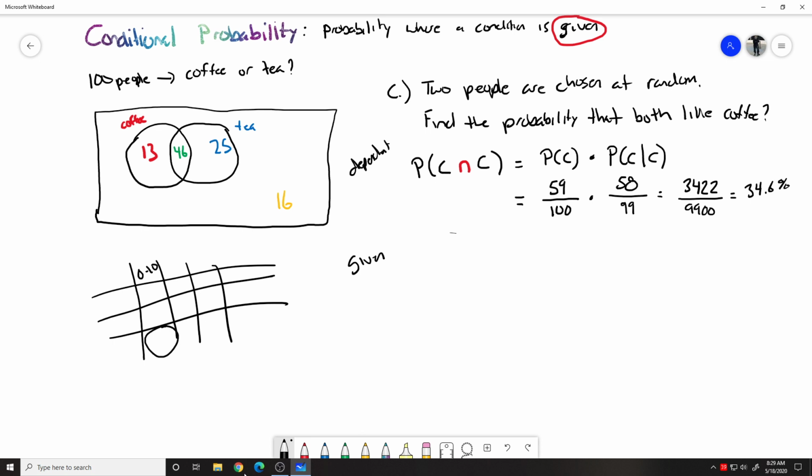It's going to be out of that, and how many of them are one of the things on the side here. You can do this with a two-way table as well, not just Venn diagrams. Conditional probability almost always involves either a Venn diagram or a two-way table. But you'll see there are some pretty unique questions on the practice work for you to try. Some of them are pretty tricky, so hopefully I'll hear from some of you.